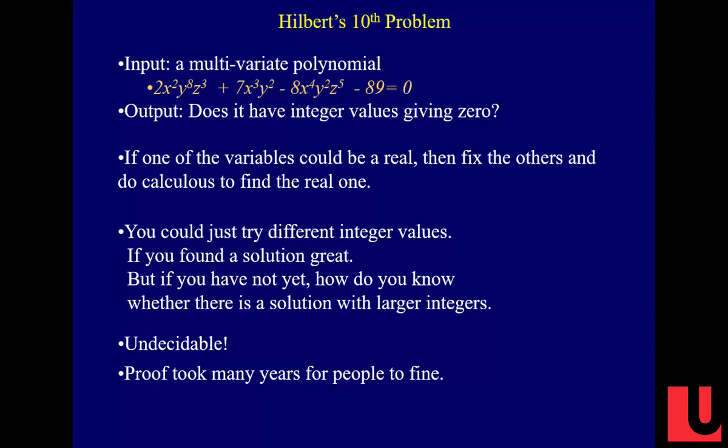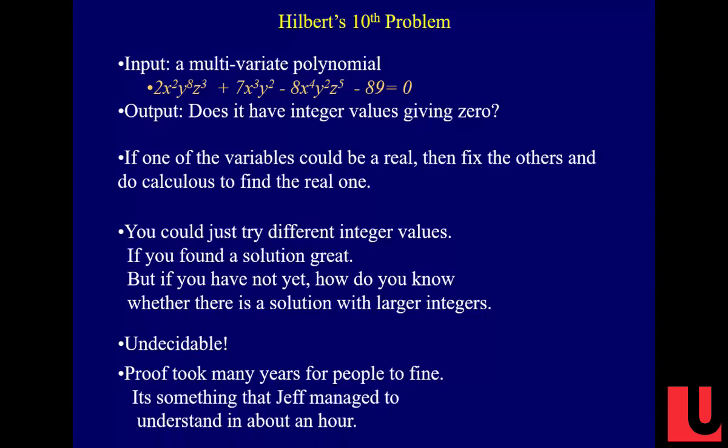Because he had a sense that if I find a solution, that's great, but if I don't find a solution, then what? So this was the question he asked. I forget the date, but I was young when they solved this. It was much later than Turing and everybody. All right, so it's not that hard of a proof.